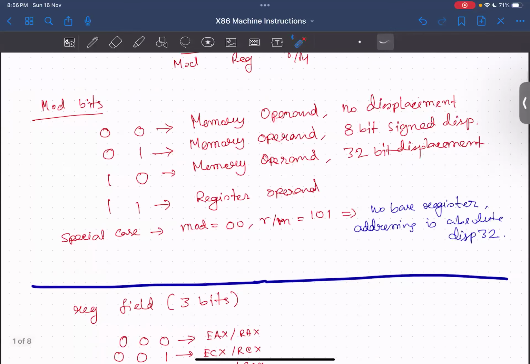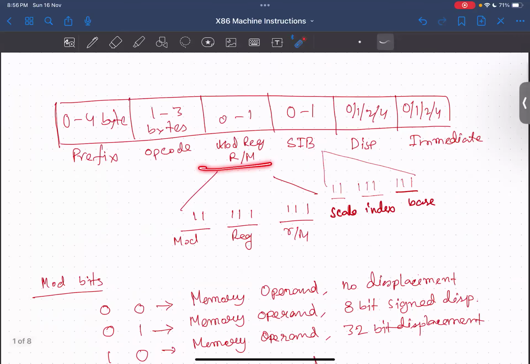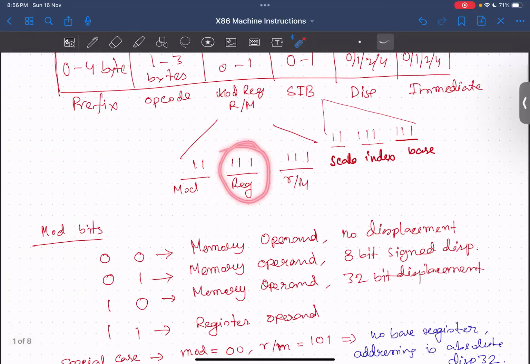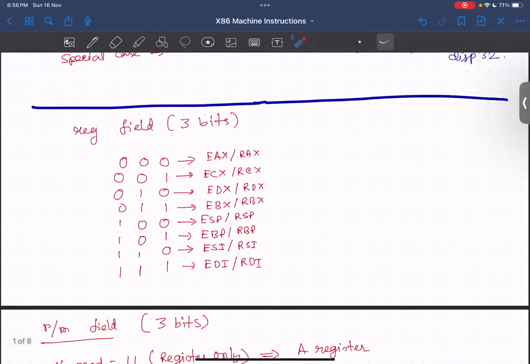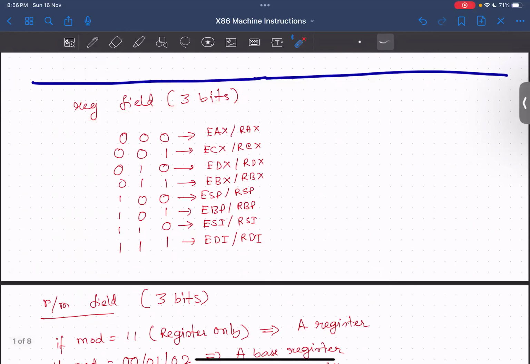Moving forward, from the Mod Reg RM byte we have seen the mod bits. Now let's look at the register bits. As I said, the register field is 3 bits, and depending on the value in the reg field, you choose a register. For example, if it is 000, then you have EAX in a 32-bit x86 disassembly.